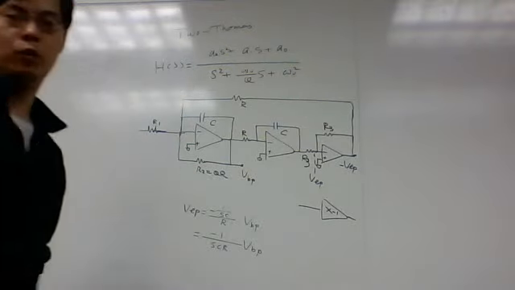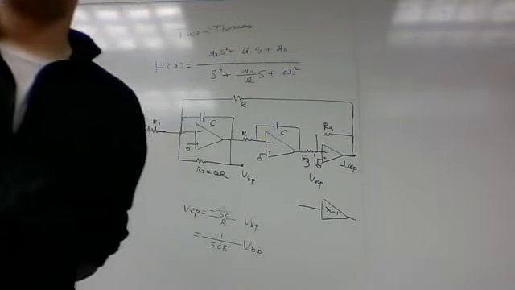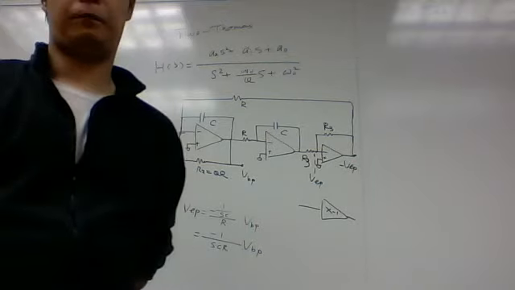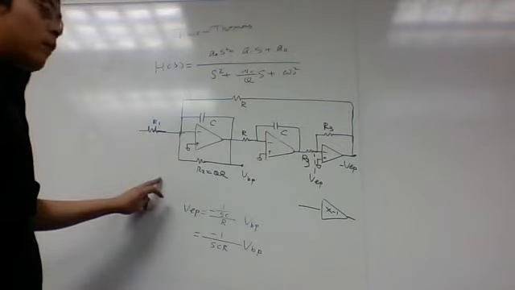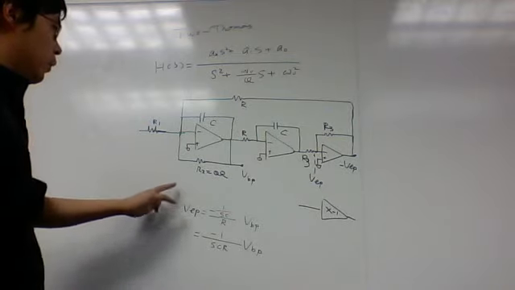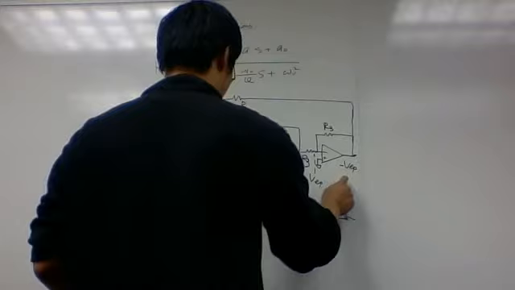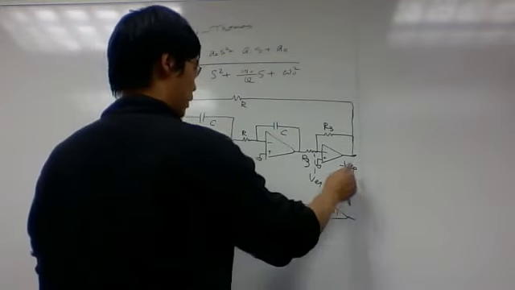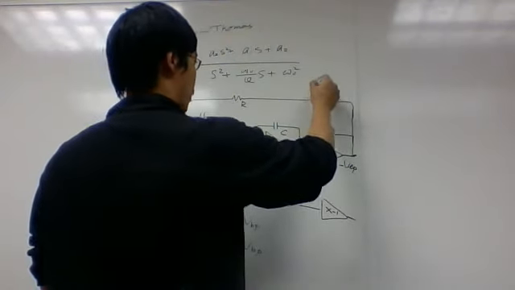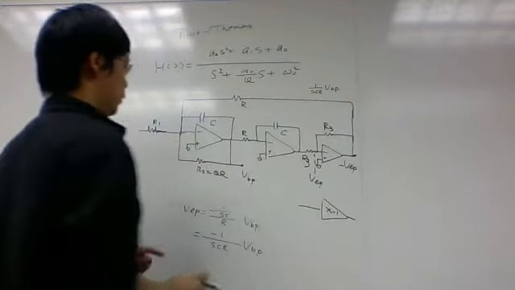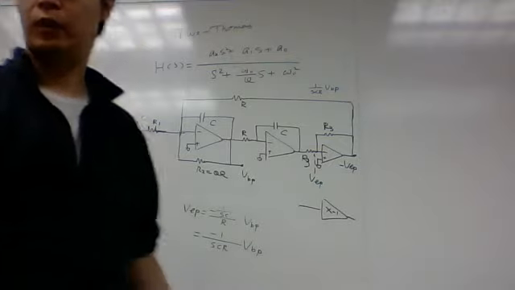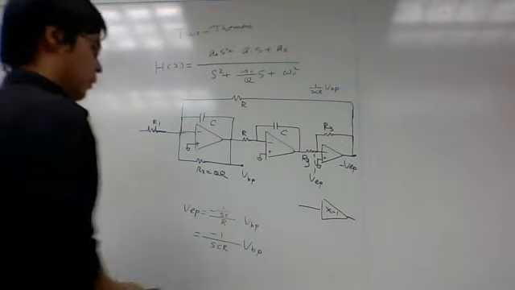Okay. So this node will be 1 over SCR times VBP, right?